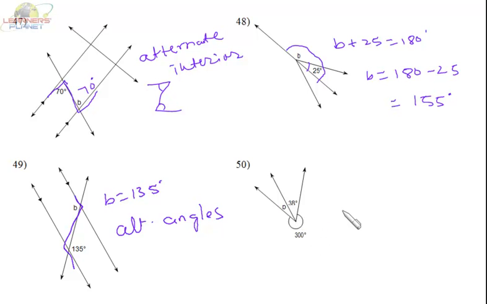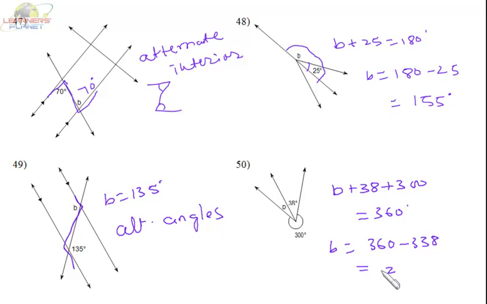Here the complete angle will be 360 degree. So B plus 38 plus 300 is 360. That means B is equal to 360 minus 338, that is 32. I'm sorry, it is 22. Okay.